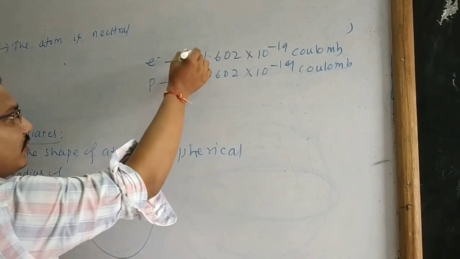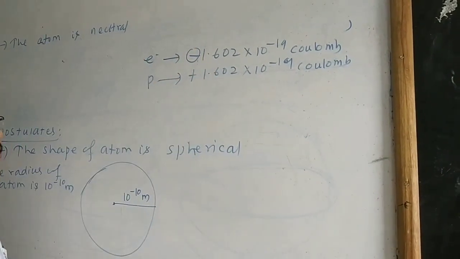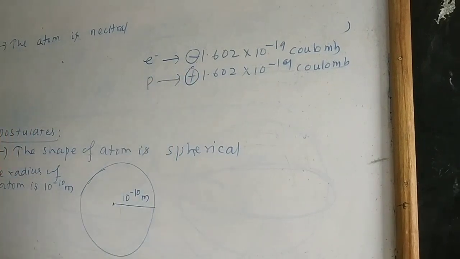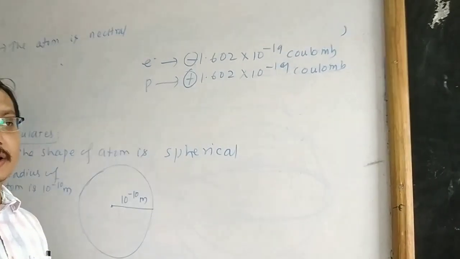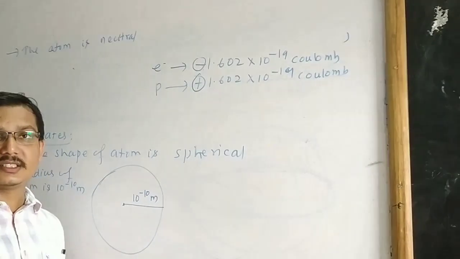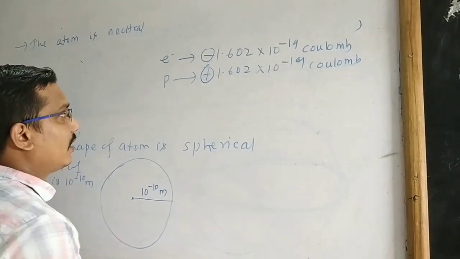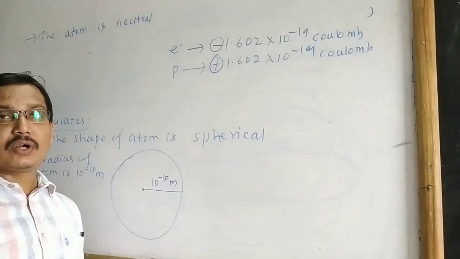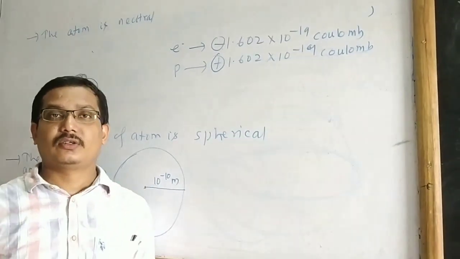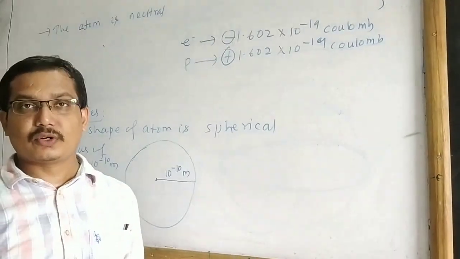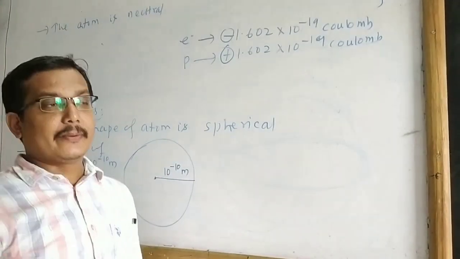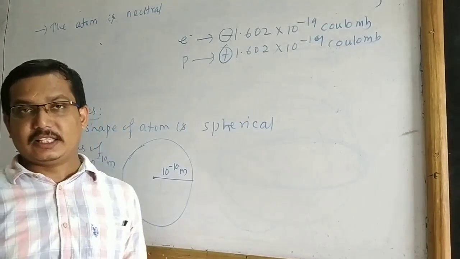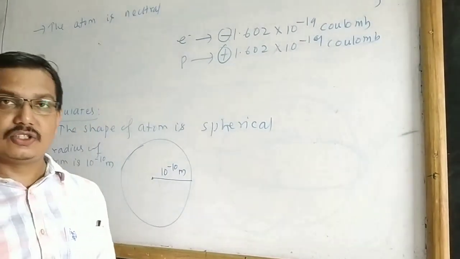For electron we use negative, for proton we use plus. Again, we know that the number of electrons and the number of protons in an atom is the same. That means the total negative charge is equal to the total positive charge. When they are added, they cancel each other and the total charge is 0.